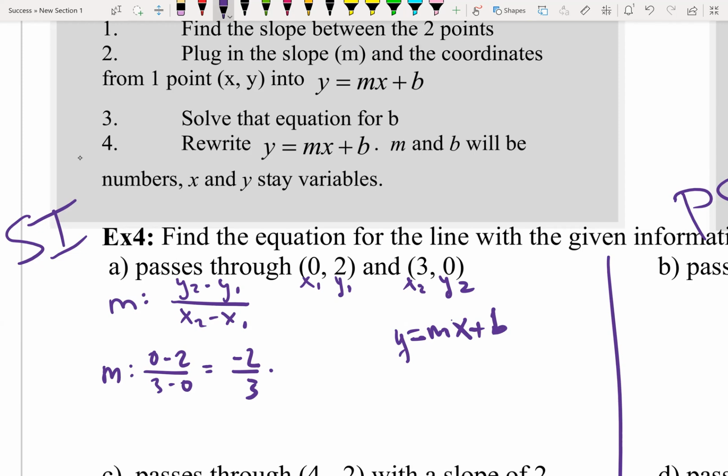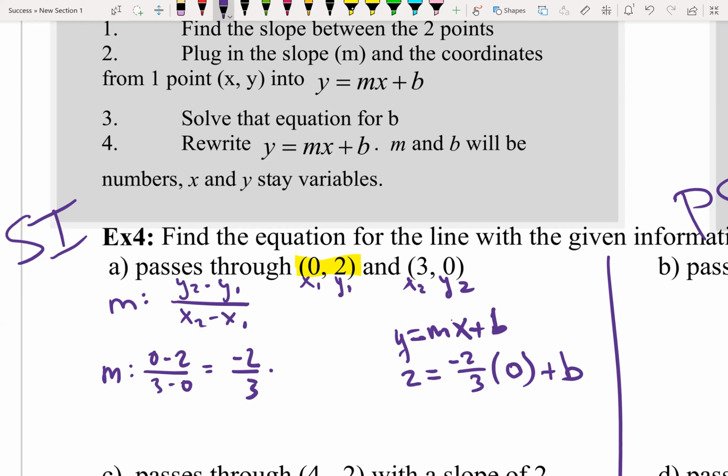So I'm going to use, doesn't really matter, but I'm going to use this one. So I'm going to plug in my y value is 2 equals my m value we just said was negative 2 over 3 times, well, my x value here is 0, plus b.